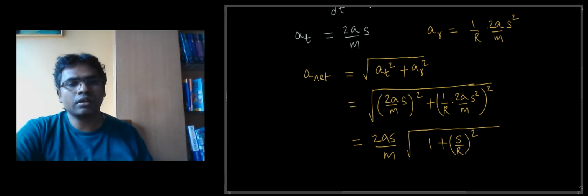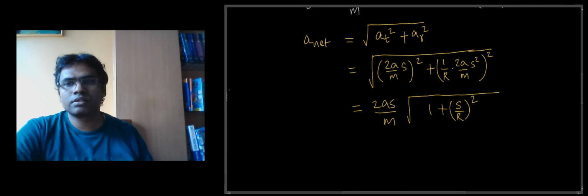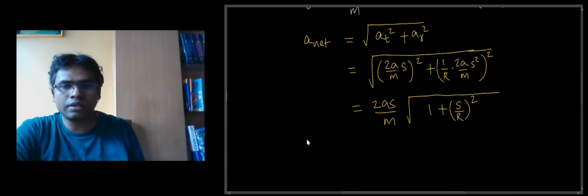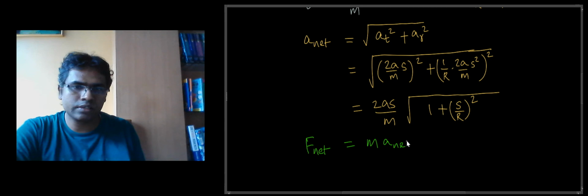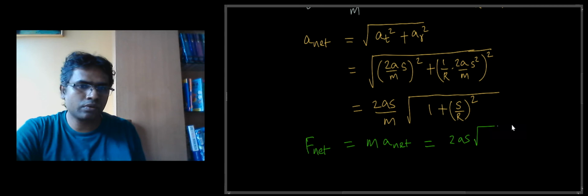Now if I multiply the net acceleration with mass, I should get the net force acting on the particle. So the net force acting on the particle is simply mass into the net acceleration, that is 2as into square root of 1 plus s over r, whole squared.